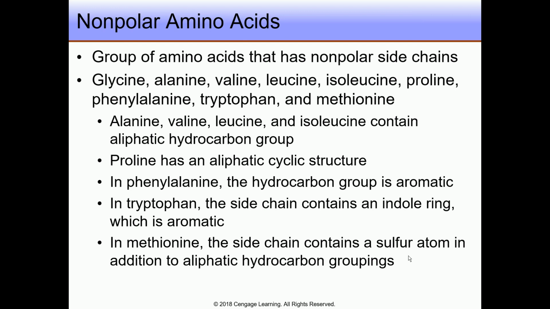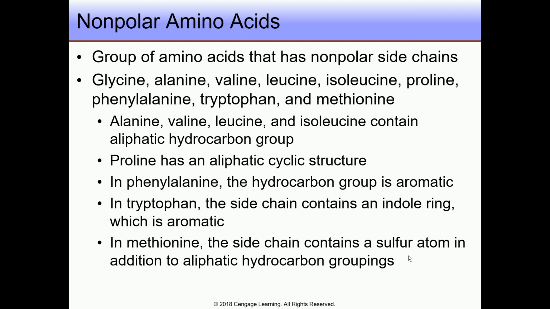When the amino acids have positively charged R groups, they are positive amino acids. When they have negatively charged R groups, they fall in the category of negatively charged amino acids. So it all depends on the kind of R group they have, and on the basis of that, they fall into different categories.